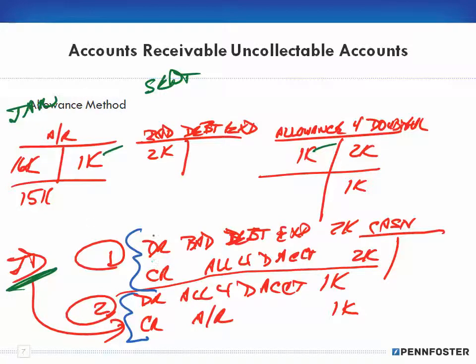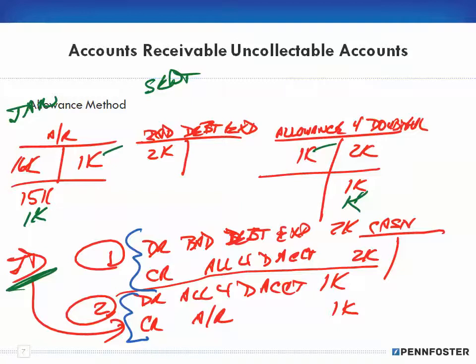So what ends up happening is you have to reverse this entry. You have to put it back on the books. So you're going to have an entry where you add 1,000 to the accounts receivable, and you're going to add the 1,000 back to the allowance for doubtful accounts. Okay, I'm sorry, that's a debit there. No, I'm sorry, yeah, that's a credit there.